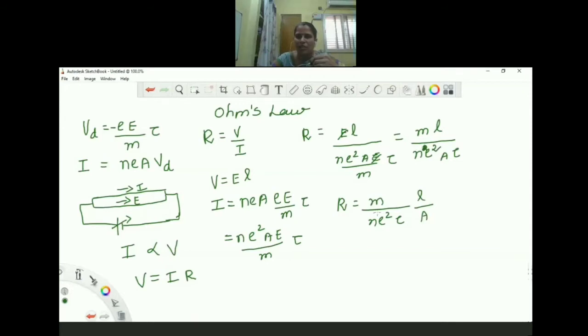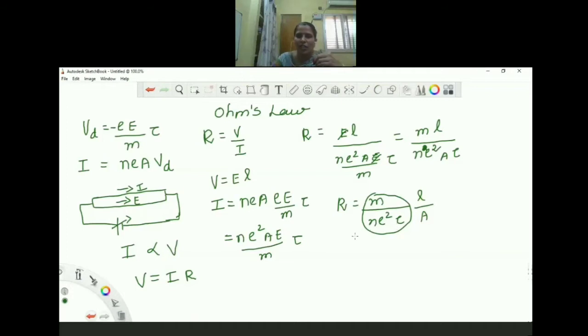So what is this? m divided by n e square tau. This is the constant, where m is the mass of the electron, n is the number of electrons per unit volume, e is the magnitude of the charge of the electron, and tau is the relaxation time.